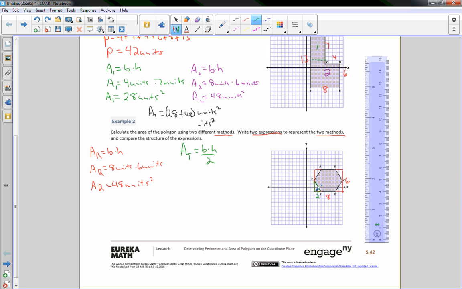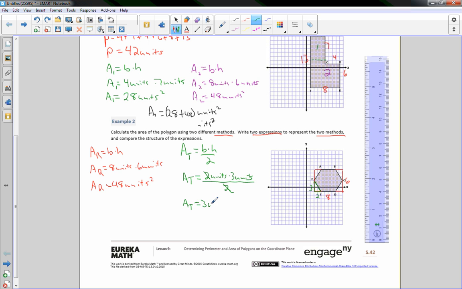This base is 2 and this height is 3. So the area of the triangle equals 2, my base, times my height, 3 units, divided by 2. Well, the 2's are going to cancel, leaving me with an area total of 3.